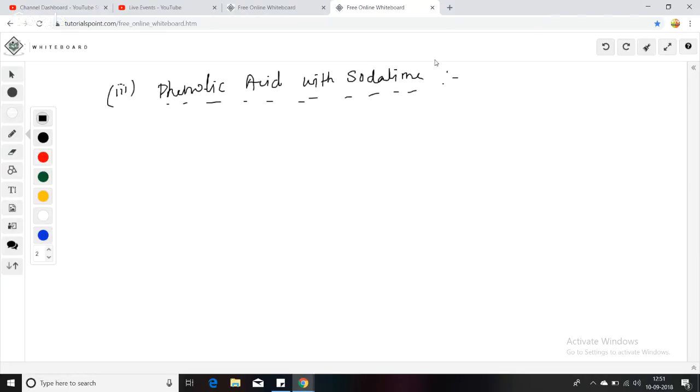Phenolic acid with soda lime: decarboxylation takes place to give phenol.